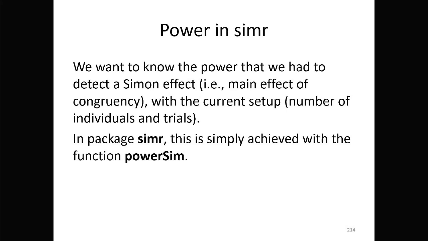Okay, this could be also seen as observed power analysis. So you could also use that to say, well, I had 80% of power to detect the effect in this condition. That would, of course, be wrong. But we start from that because it's the first thing you need to do with simr.